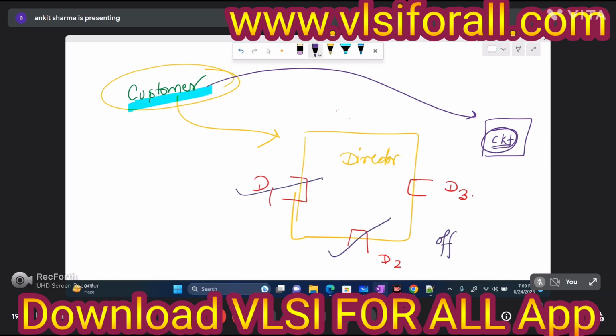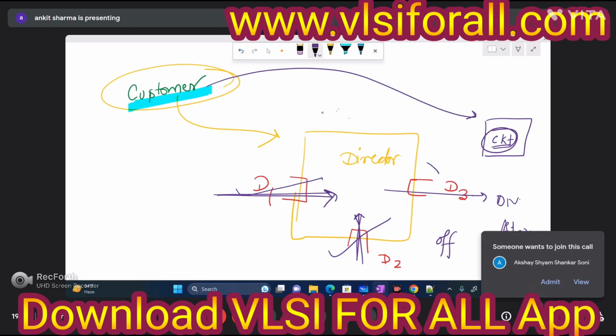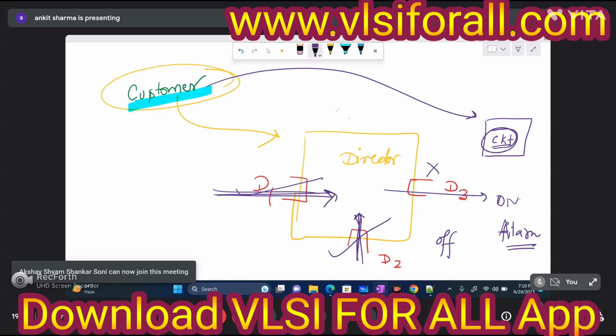Let us suppose if D1 and D2 are turned off but D3 is on, then please give me a fire alarm. That means when my D1 and D2 are off and D3 is on, this situation should never happen. D1 and D2 are protected doors which only the director can open, but D3 anybody can open. So if D1 and D2 are off and D3 is on, the statement is that the director is not available but D3 is on.